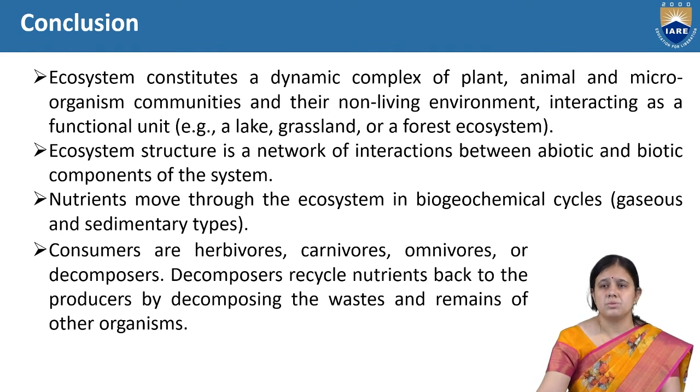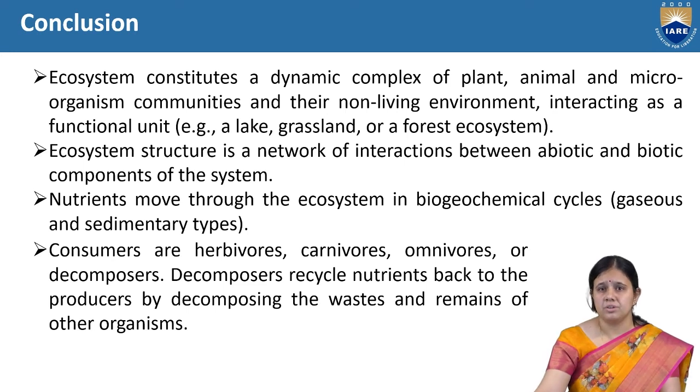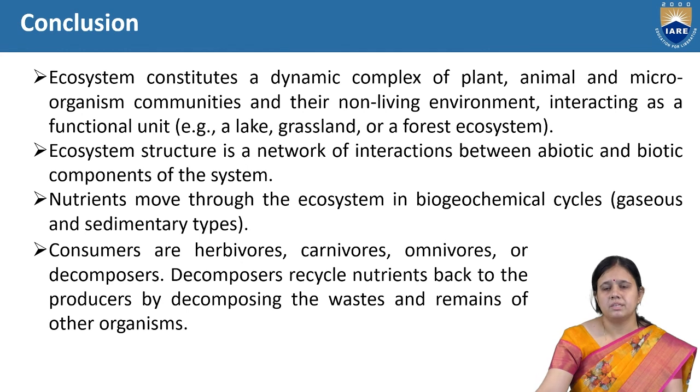Nutrients move through the ecosystem in biogeochemical cycles, like the gaseous cycle and the sedimentary cycle. In the gaseous cycle, we can study the nitrogen cycle and oxygen cycle, and in the sedimentary cycle, we will study the phosphorus and sulfur cycles. And the consumers are herbivores, carnivores, omnivores, and decomposers. Decomposers recycle nutrients back to the producer by decomposing the waste and remains of other organisms.